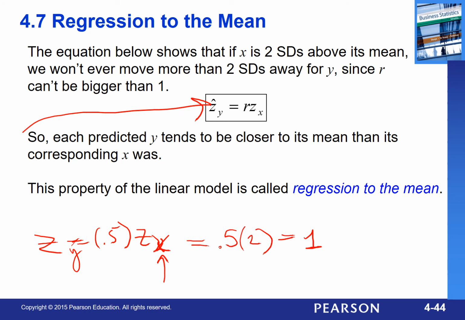Then that would only be 1 away. And that means that as I move farther away from the mean, my regression effect reduces this. So if you think about it that way, the closer to the mean you are, the more accurate your line is going to be, and the closer your values for x and y are going to be together. And this is called regression to the mean.